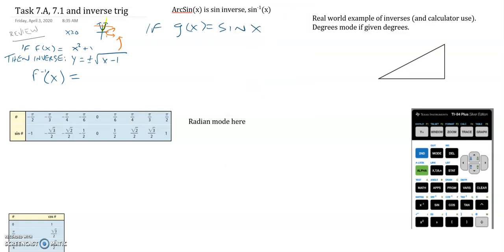So just the positive part of the graph, or the right-hand side part of the parabola. And that way you can then say the inverse is just the positive square root graph, x minus 1. And that's an example of how we work a domain to restrict it so that we have a one-to-one function, and then therefore we can use an inverse.